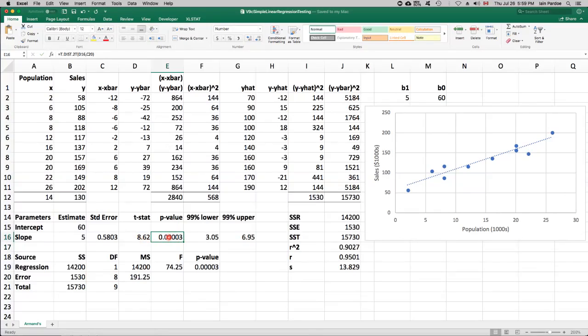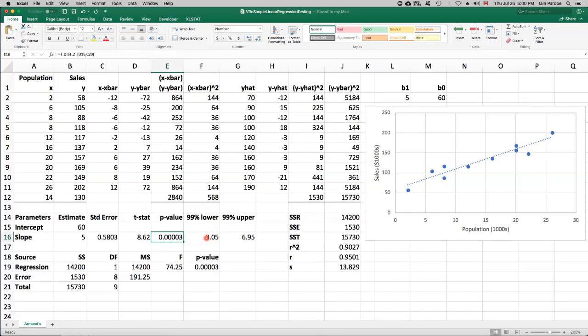So we would reject the null hypothesis that the population slope is 0 in favor of the alternative hypothesis that the population slope is not 0. In other words, we found a significant linear association between y and x. So that's what that tells us.